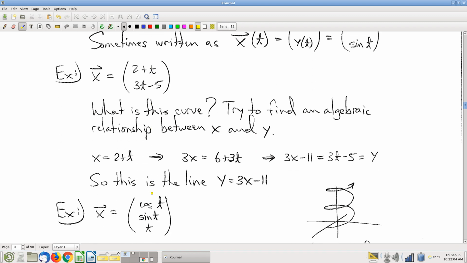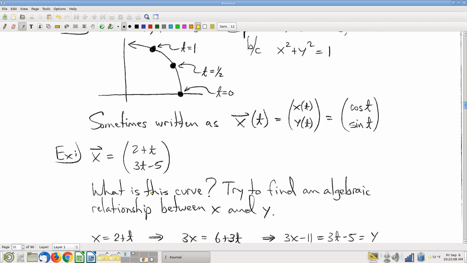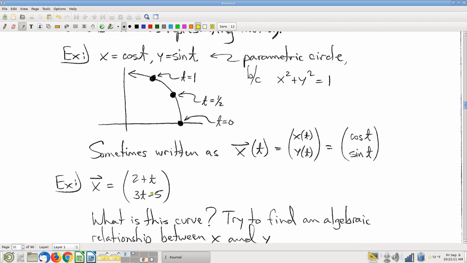So we talked about two examples of parametric curves and what they look like. In both cases, an easy way to do it is to take the parametric curve and try to figure out what algebra all of the points on the parametric curve satisfy.